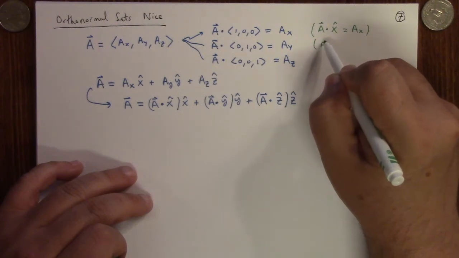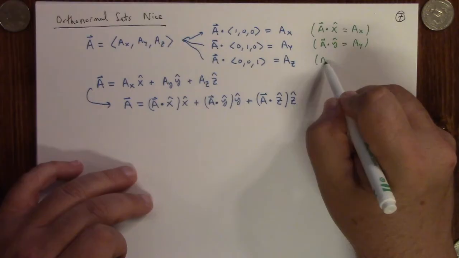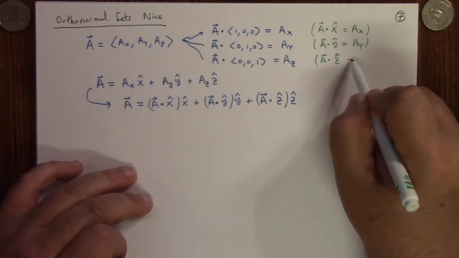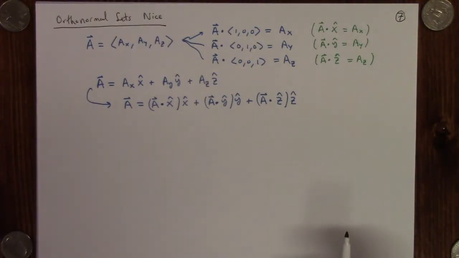This says that A dot y hat equals AY. This says that A dot z hat equals AZ. So in words, we can select the scalar components by taking dot products with the corresponding unit vectors.